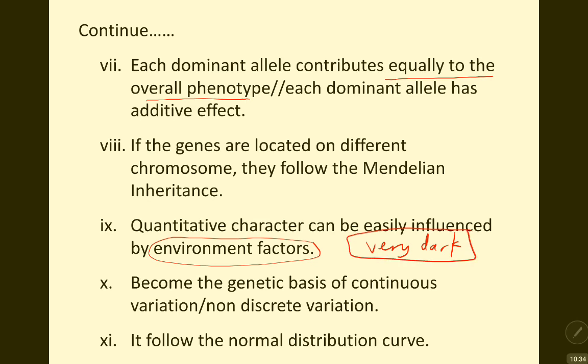You might have fair skin, because polygenes can be influenced by environmental factors. So it becomes the genetic basis of continuous variation, that is the bell-shaped curve, non-discrete variation. Okay, the normal distribution curve.